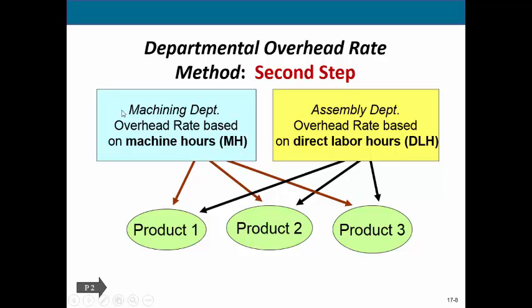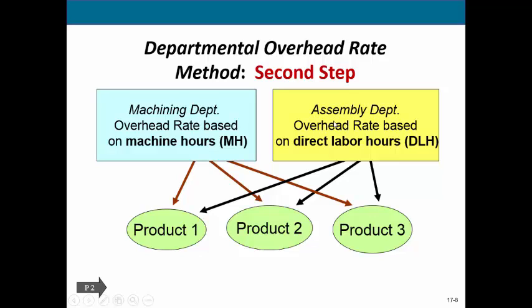And this seems to make sense because the machining department is typically going to have work done by machines. Direct labor hours probably aren't going to be relevant to what actually goes on in the machining department because you're not going to be having a whole lot of direct labor here. Instead, you're having work that's done in the machine department on machines. So here we've decided that the best driver is machine hours.